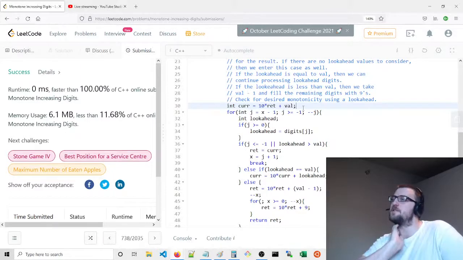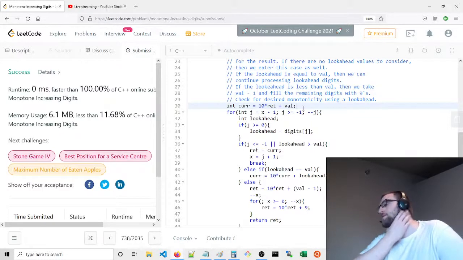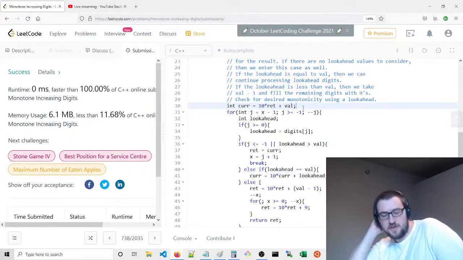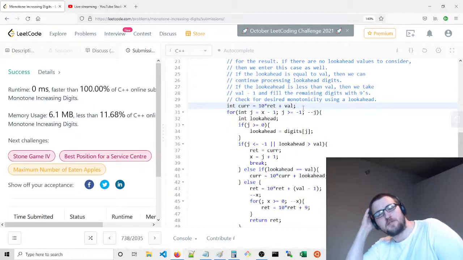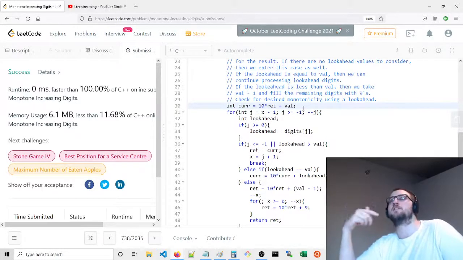Here, in this case, what you've got to do is say, all right, we have a single digit that we're considering, and then we look ahead to find the first time we find a value that is either smaller than this, or larger than this, or equal. We check the next value, and we continue to iterate depending on what happens.